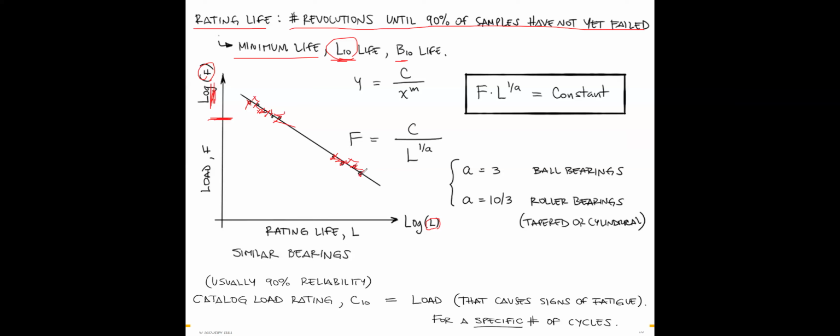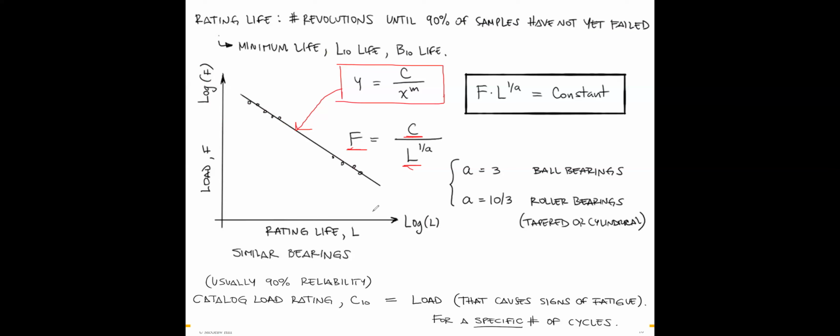It will transform to a linear function. When we define this linear function, it is y equals a constant c divided by x to the power of n. In this case, y is the force, c is a constant, and L is the life.